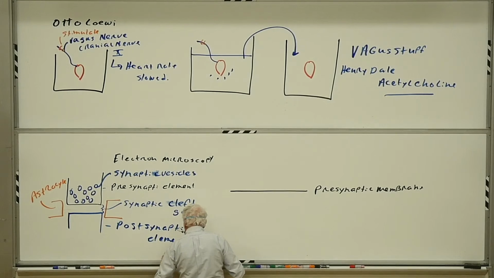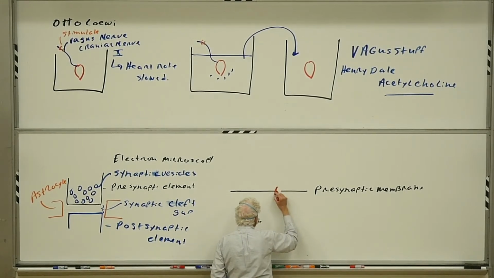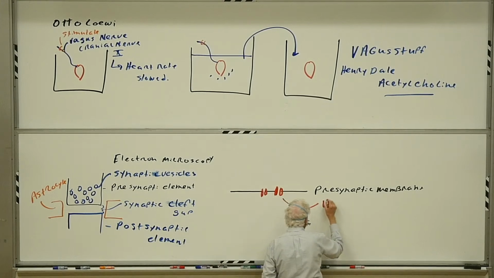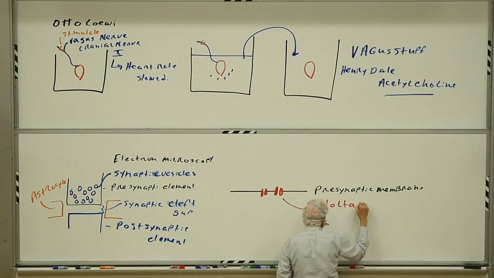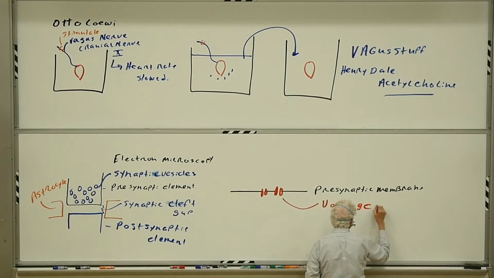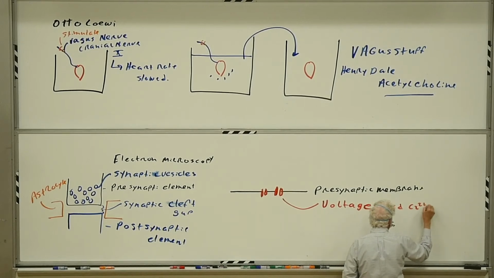They found that in the presynaptic membrane, there were a specialized series of channels, which were called voltage-gated calcium channels.